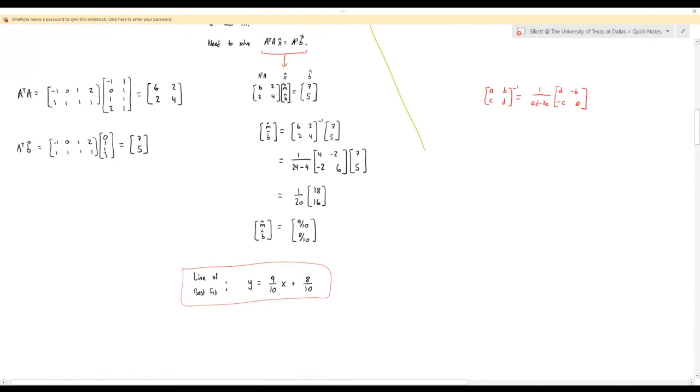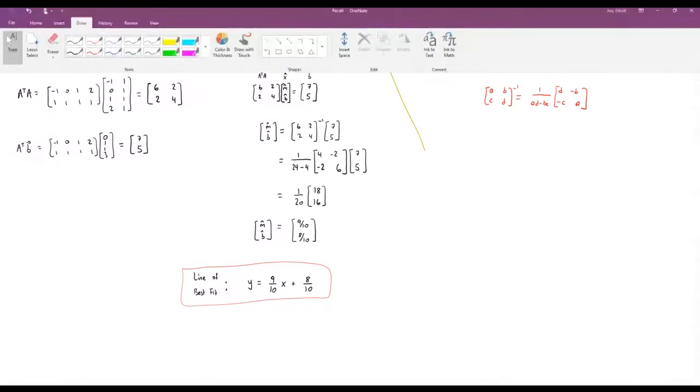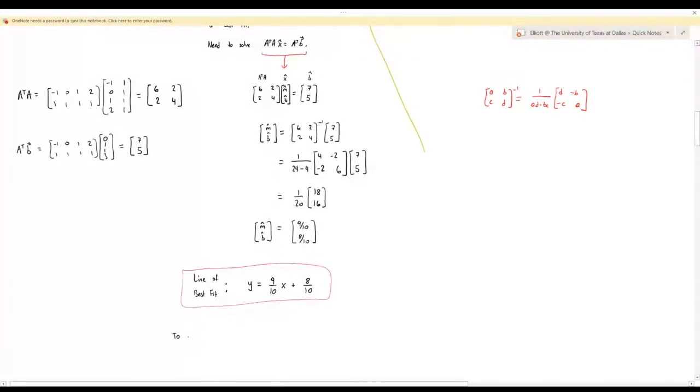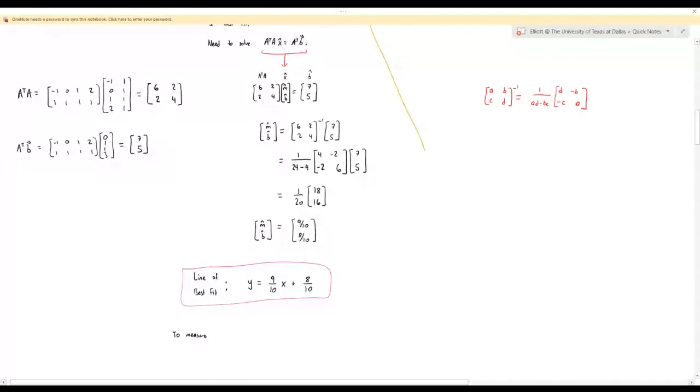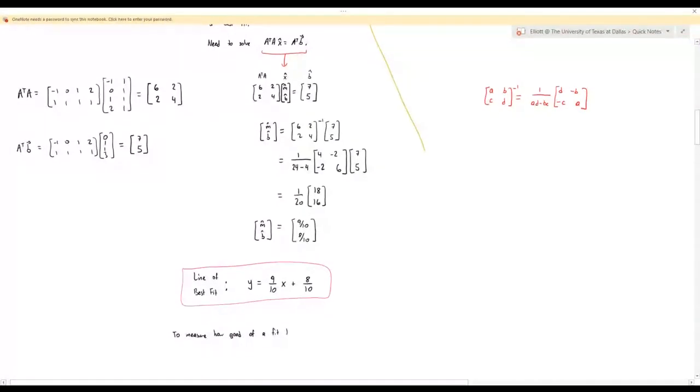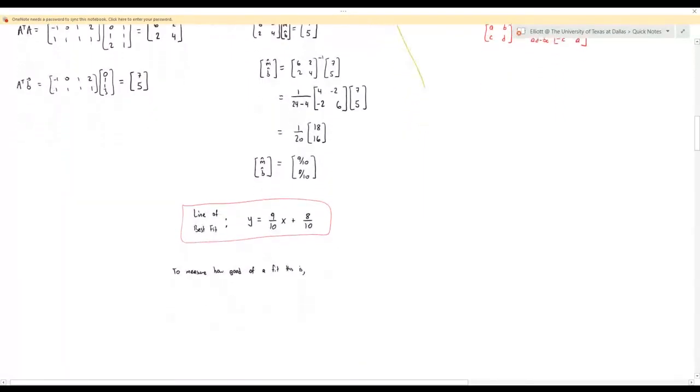One way to get some sense of that is to calculate the error vector from the least square solution.